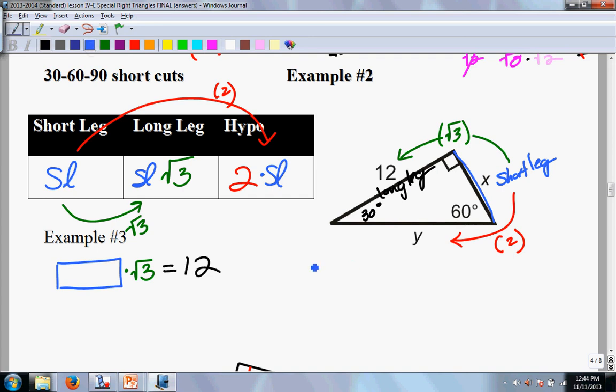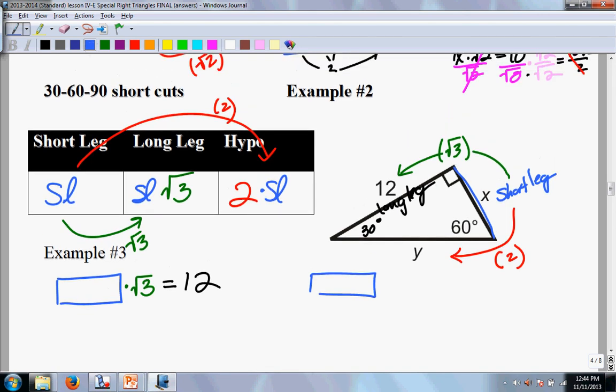And then for the hypo, it is the short leg times 2 gives us our hypo. Problem is we don't have the short leg yet, so we have to solve for that.